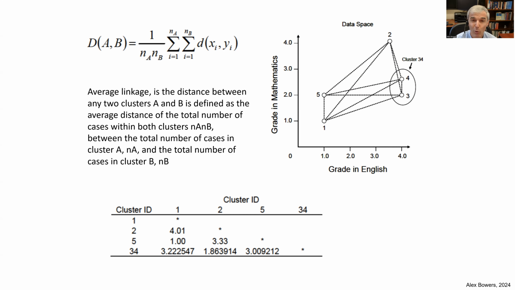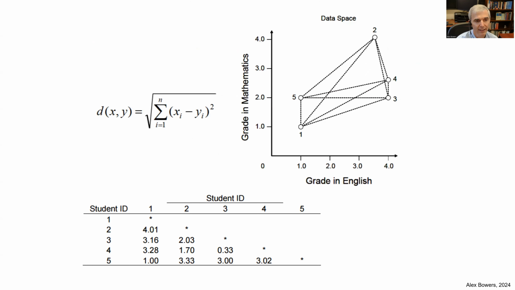So what you do with the agglomeration is the algorithm will say, okay, who are the closest 2 points? Well, we know who the closest 2 points are. Let me go back one slide. If we go back one slide, let's just look at this distance matrix. What's the smallest number? Well, it's the distance between student 3 and student 4, right? 3, 4.